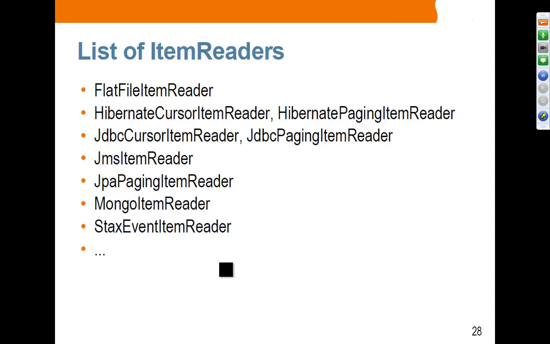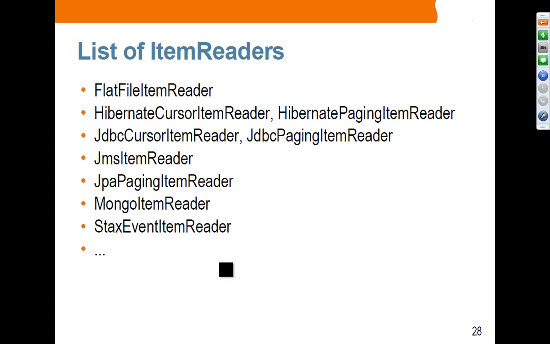For example, a flat file item reader is provided for reading things from the file system. You might want to read things from Hibernate, or from a database using JDBC, or from JMS, basically reading messages as items.